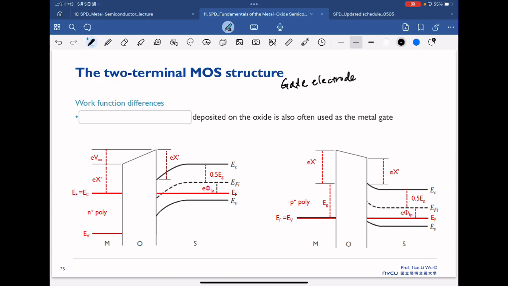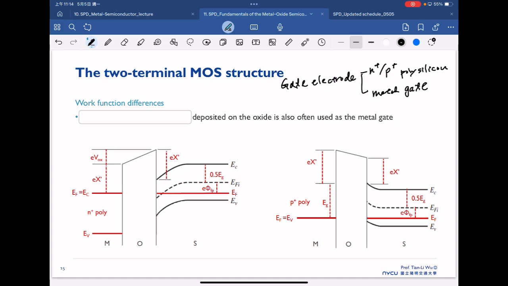And we have two ways to make the gate electrode. One is to use a very highly doped polysilicon, which is N plus or P plus polysilicon. Or we use a metal gate.